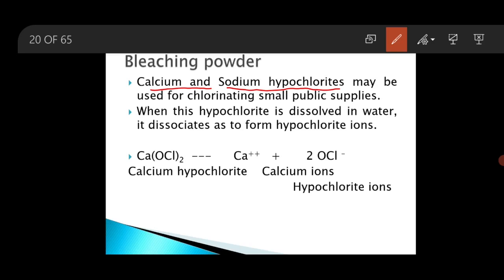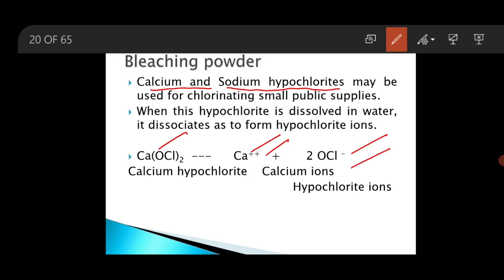When such a hypochlorite is dissolved in water, it dissociates and forms hypochlorite ions. So when calcium hypochlorite dissociates, it will form hypochlorite ions. So this is the calcium ion and this one is the hypochlorite ion.